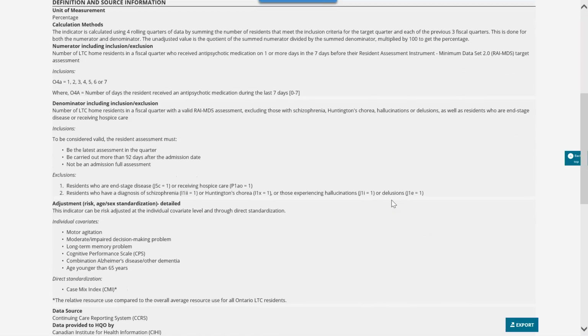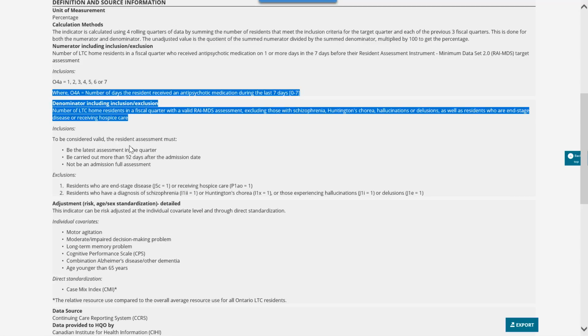And you can see here that we're using O4A, as this is a particular indicator called the antipsychotic use indicator. That pain indicator is not part of the health quality group at this point, but you can see here that we have the use of medications, antipsychotics. It also tells you the exclusion factors here, so you get a detail on that.